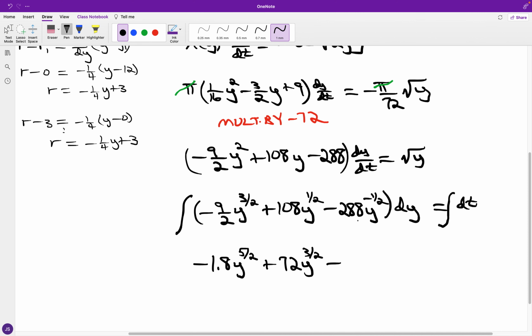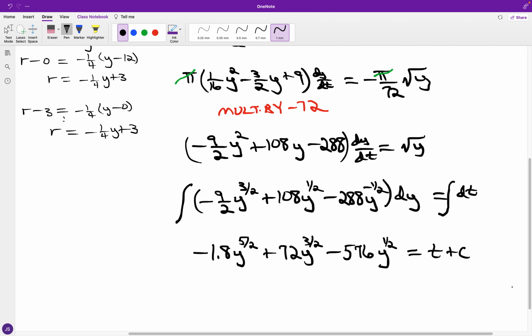And then the antiderivative, you have 2y to the 1/2 times negative 288, so that'll be minus 576 times y to the 1/2, or minus 576 times the square root of y, and we have is equal to t plus c.